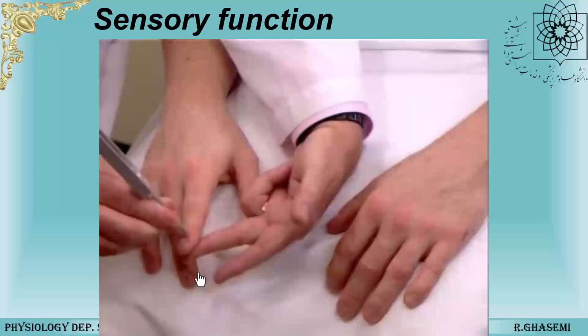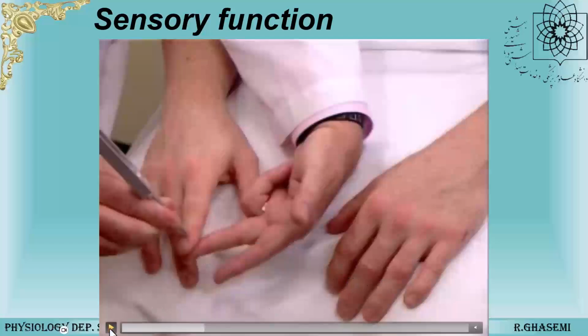If I am able to sense the vibration, even when I am a little far from the diapason, then the patient should be able to as well. Therefore, we use this test to evaluate the sensory function in different parts of the body.